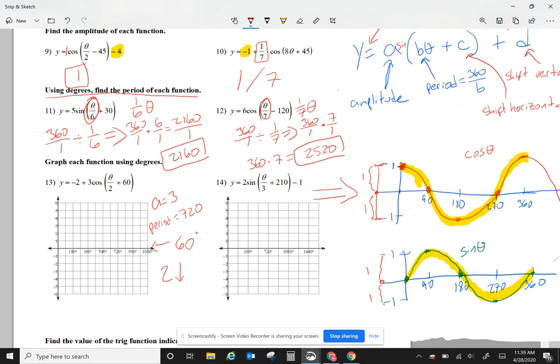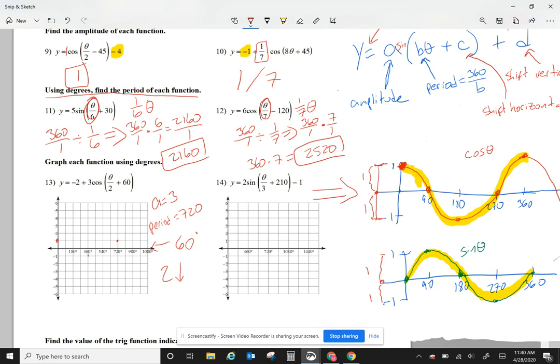All right, so cosine. Remember how it initially started at 1? So what I'm going to do, I'm going to move it 60 degrees to the left. As a matter of fact, let me start with my period actually. To begin with, it takes 720 degrees, I said, right? 720 degrees for the whole cycle.